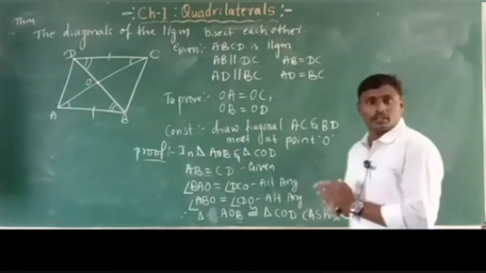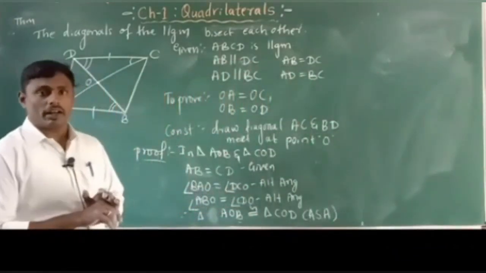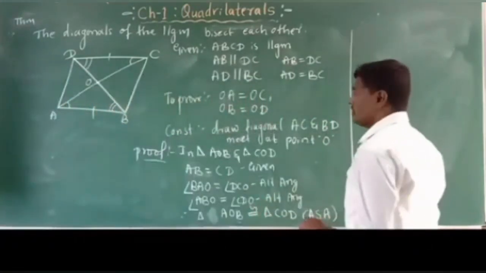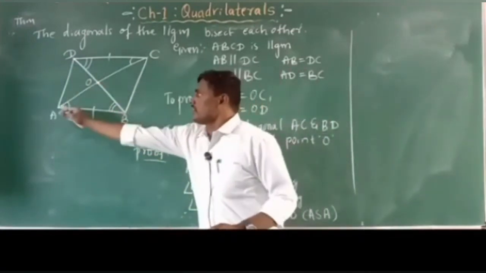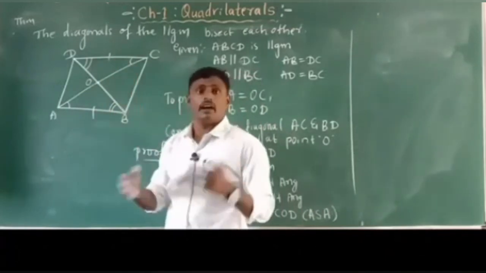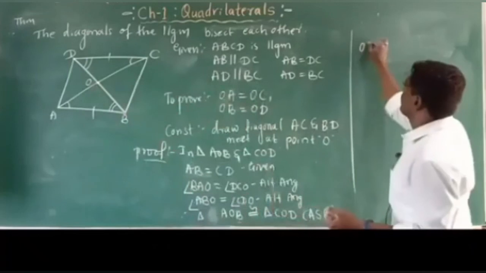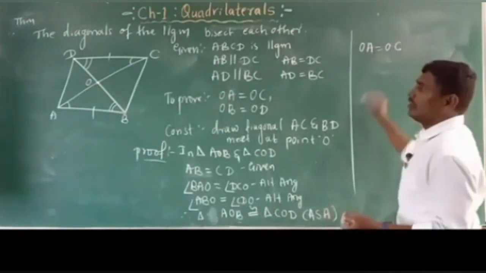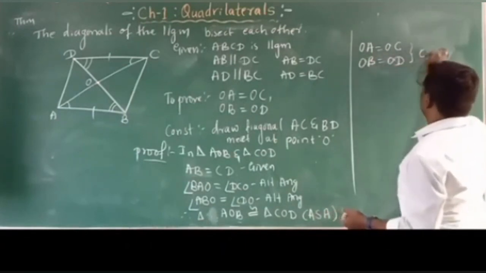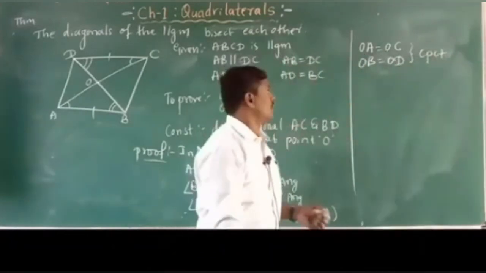Once we prove the two triangles are congruent, then their remaining sides and angles are equal by using CPCT. So what are the remaining parts here? The sides, we are already considering one side of the triangle, no? That is AB and DC. The other two remaining sides: OA is equal to OC. Next, OB is equal to OD by using CPCT, corresponding parts of congruent triangles.